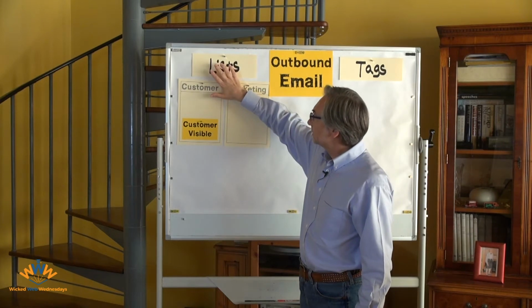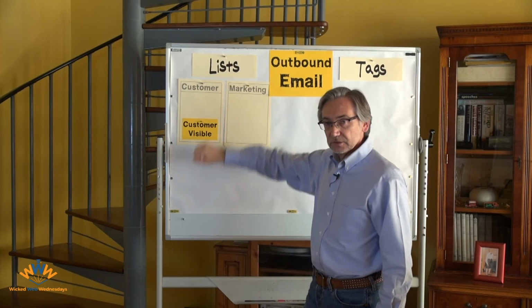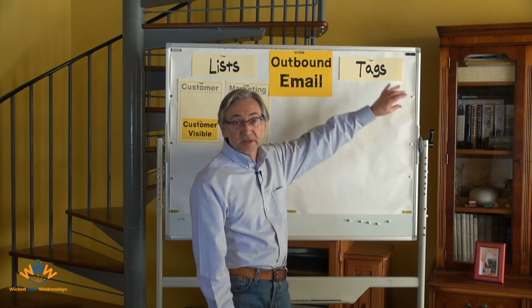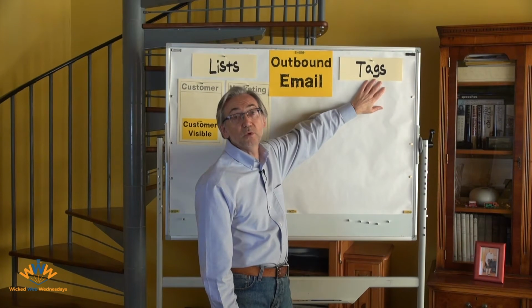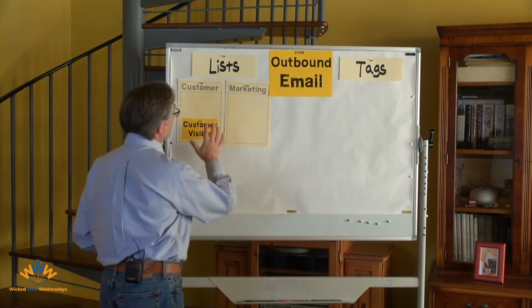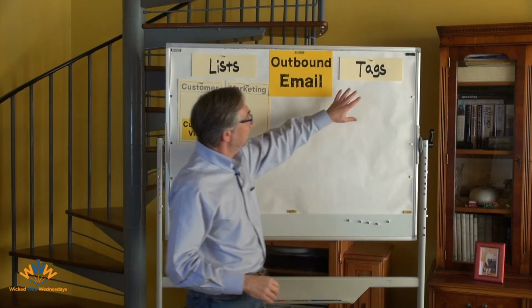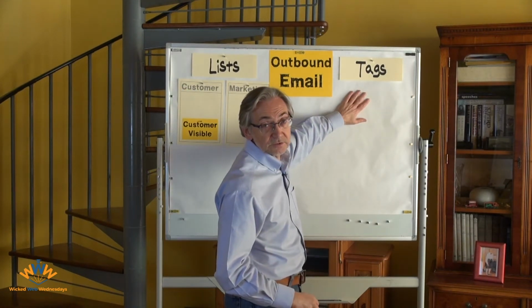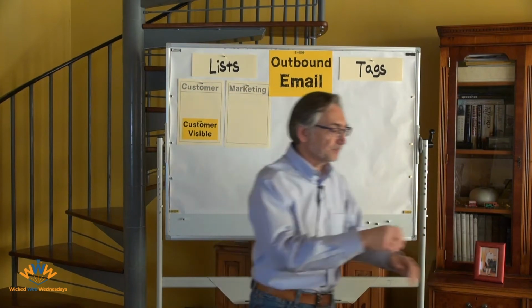So lists are visible outside your organization. Tags, on the other hand, are not. Tags remain within your organization, and that makes them immediately a lot more powerful. So let's take this concept of the customer list and the marketing list, put it into an environment that allows us to use tags, and look at some examples as to how that might work.